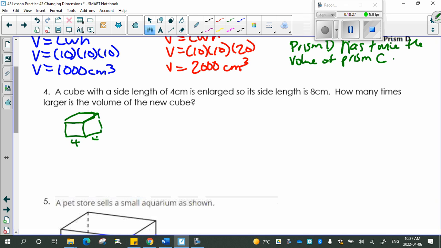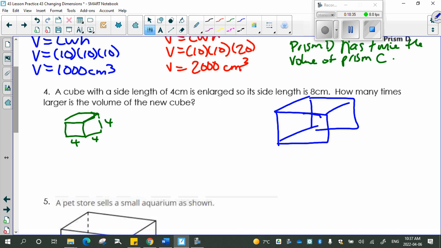So 4 by 4 by 4. And then we have a bigger one, which is 8 by 8 by 8. And we want to know how many times bigger the bigger one is by volume.